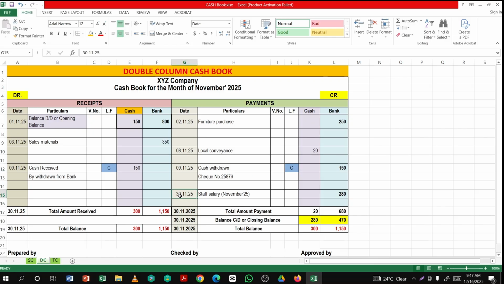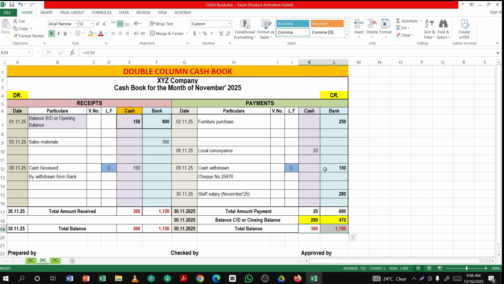November 30, 2025, staff salary paid 280 amount by bank. Now, at the end of November, total cash balance 300 and bank balance 1150.